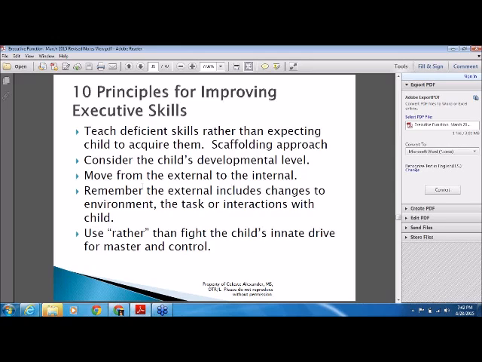So then we remember that the external, like we said, includes changes to the environment, the task, or interactions with the child. Okay, so that we know is OTs. Then it says, use rather than fight the child's innate drive for mastery and control. As any of us know that have worked with preschoolers or have our own 2 or 3-year-old children, they work hard to control their own lives. Oh my goodness gracious.